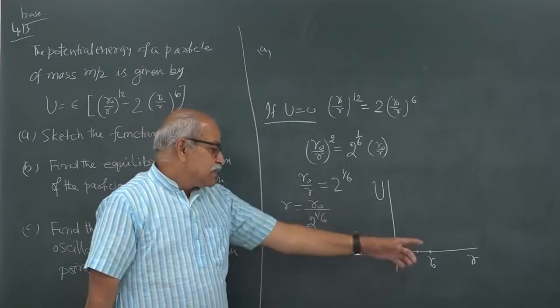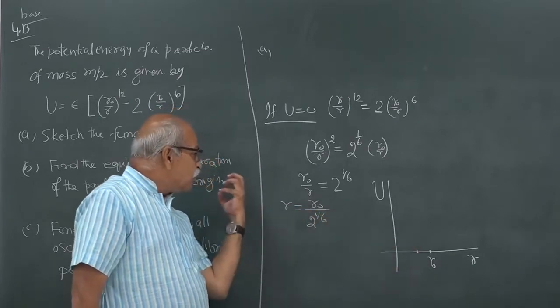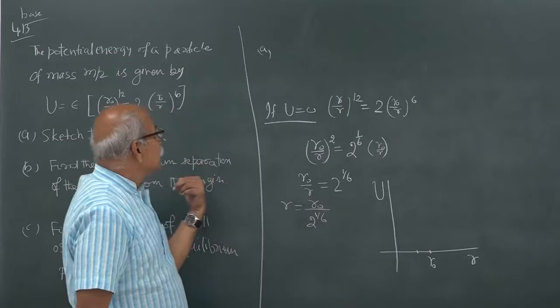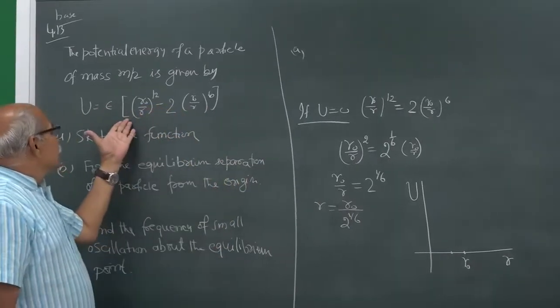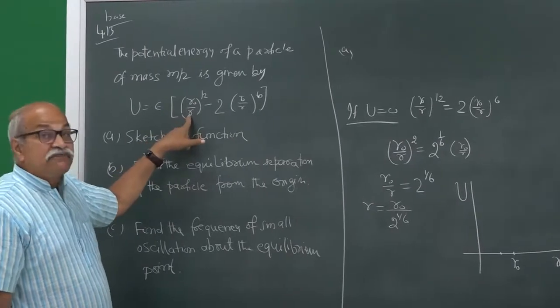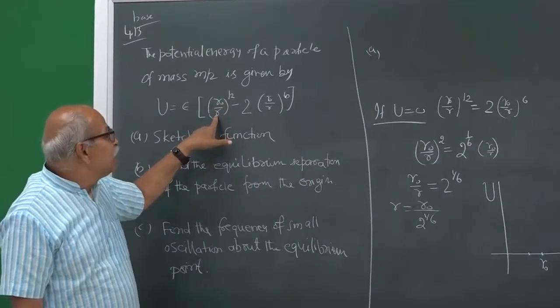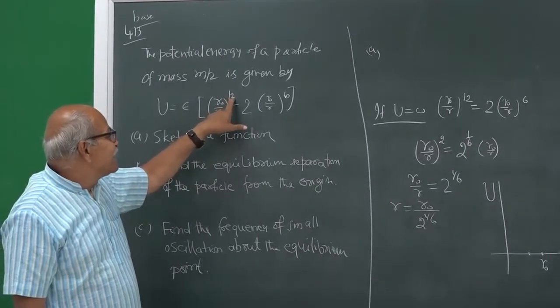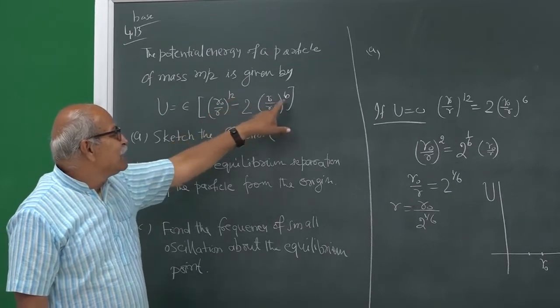Now, what happens if r is very small? You have 1 by r which is very large to the power 12, and here you have 1 by r to the power 6.